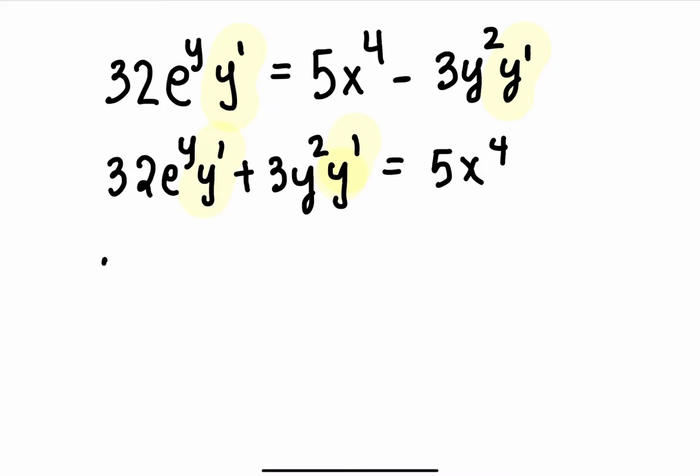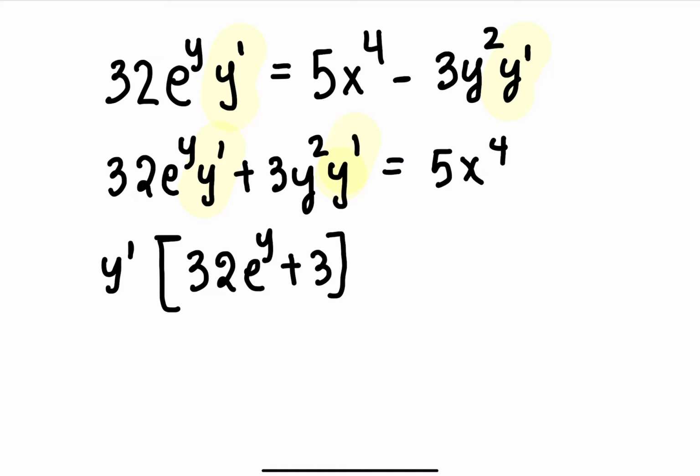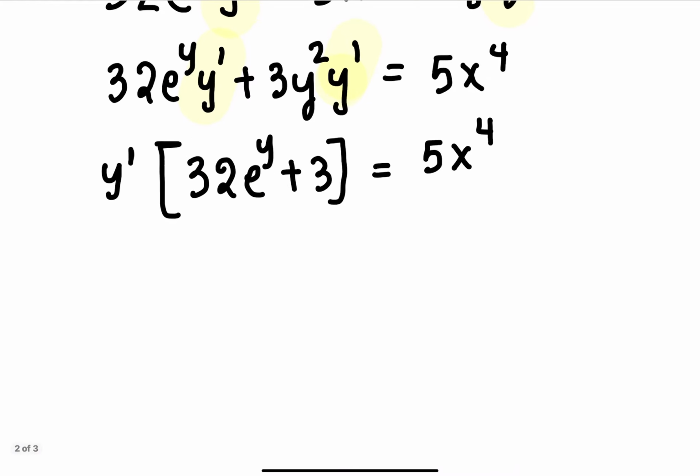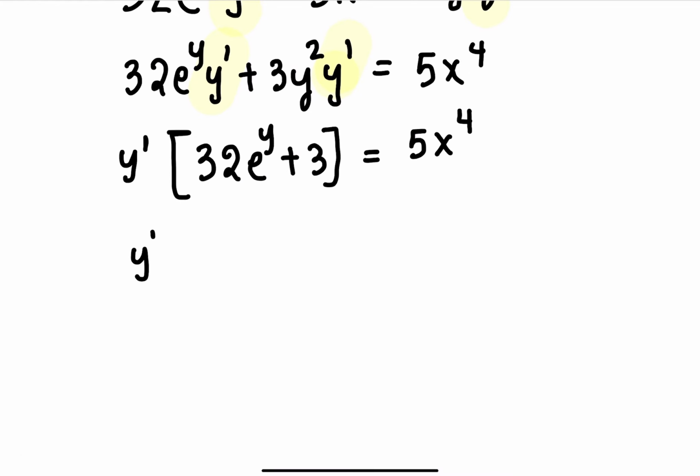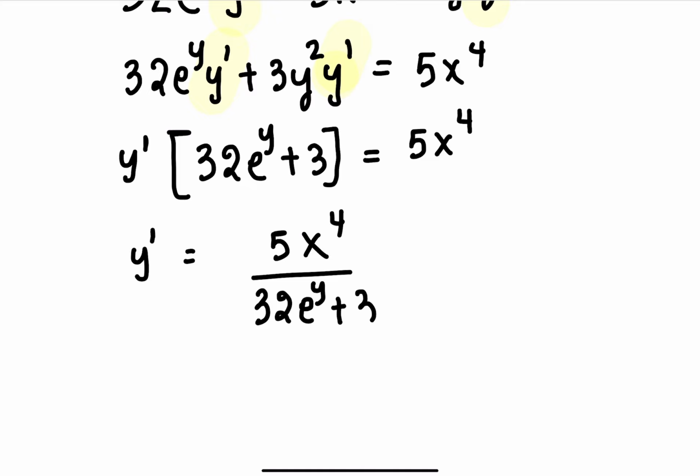When I have them, what do I do? I factor that out. That gives me y prime times 32 e to the power y plus 3y squared is equal to 5x to the power 4. Now how do I solve for y prime? Simply divide both sides by 32 e to the y plus 3y squared.